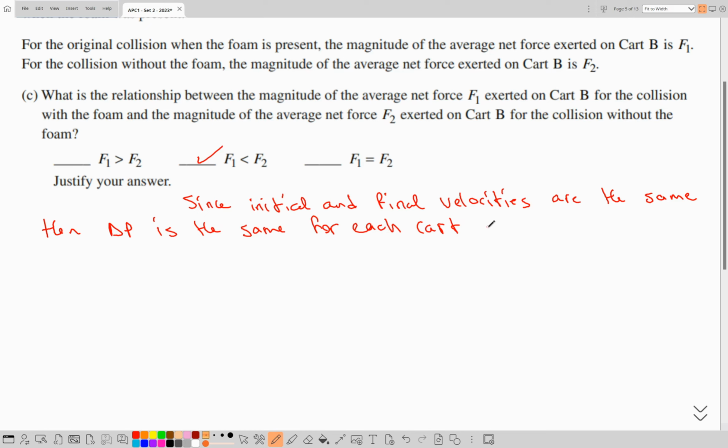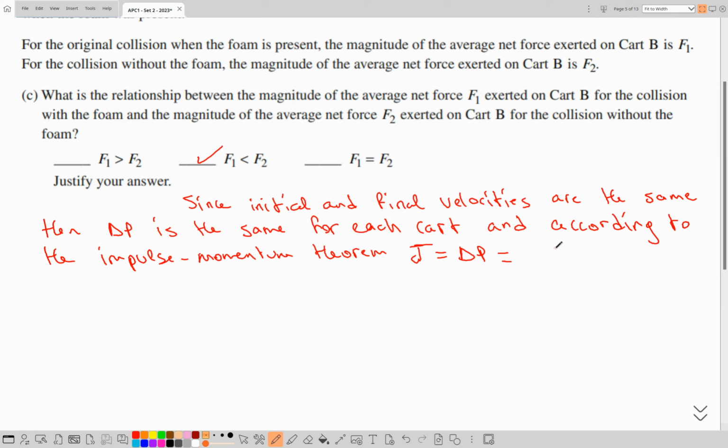And according to the impulse-momentum theorem, J, the impulse, is given by delta P, which is F average multiplied by delta t.